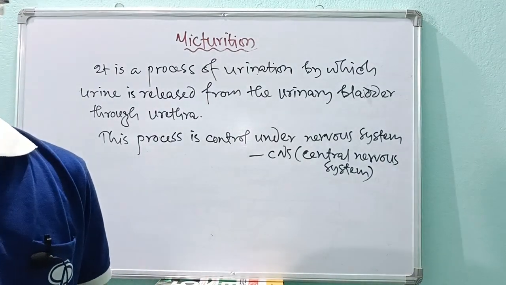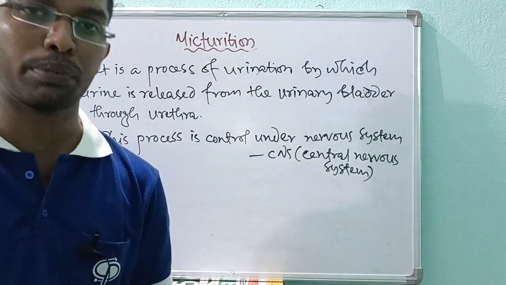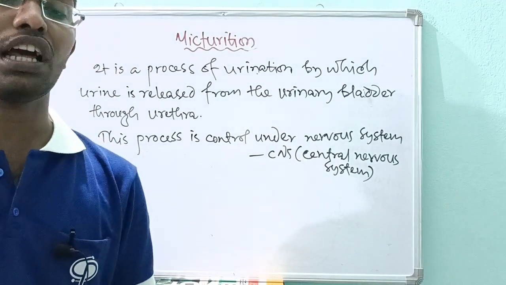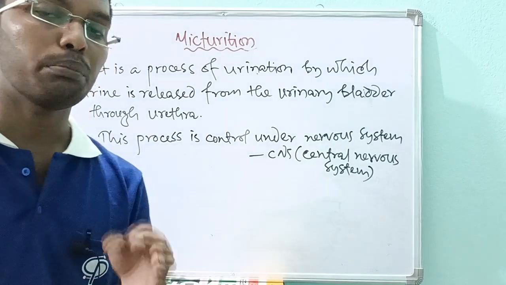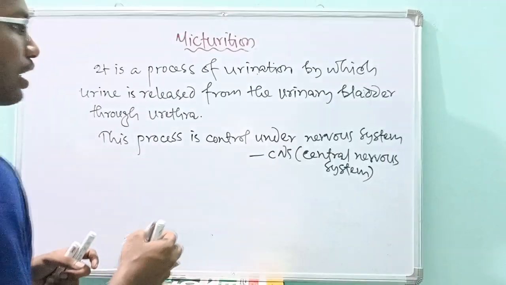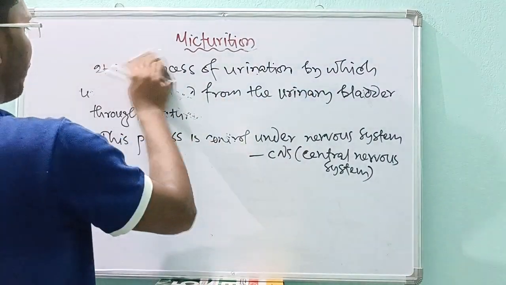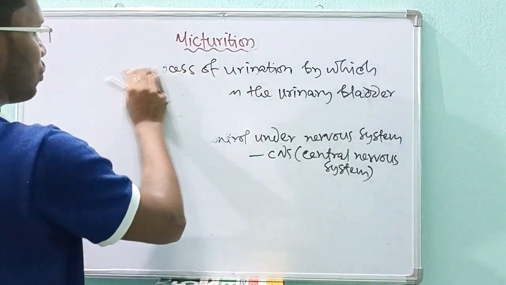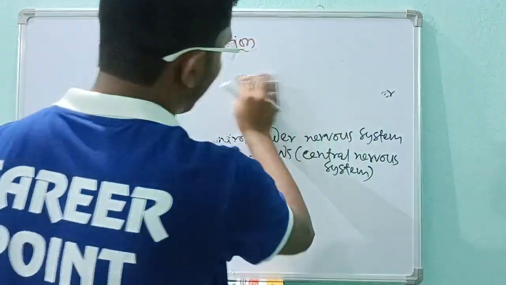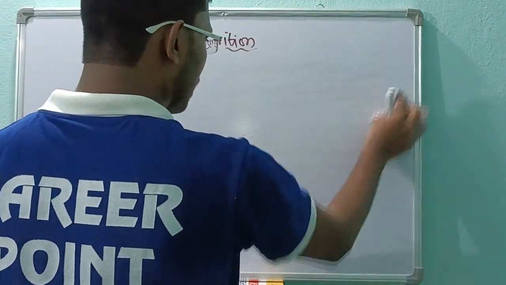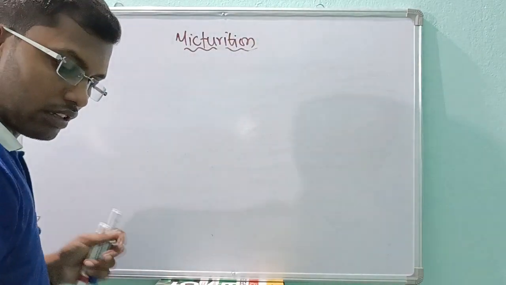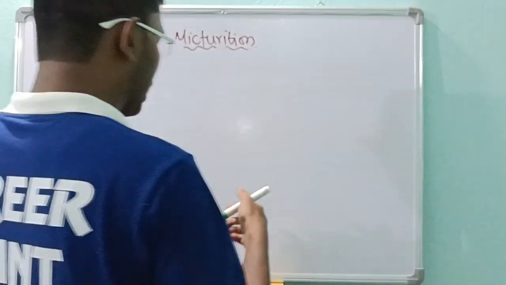The part specially involved in this mechanism is the medulla oblongata of the central nervous system. I will draw a figure, then we will understand the exact mechanism of that process. So let's see that process. First of all, I will draw a figure.